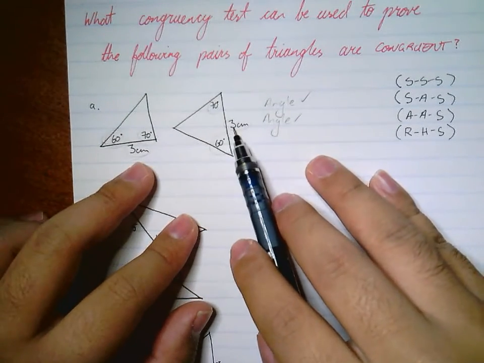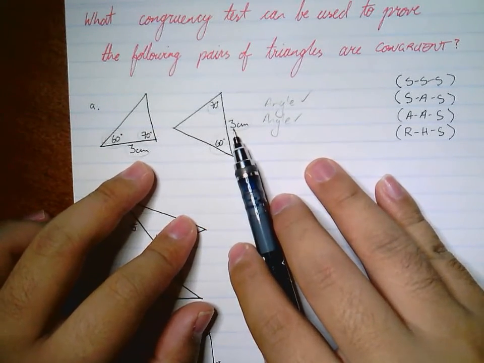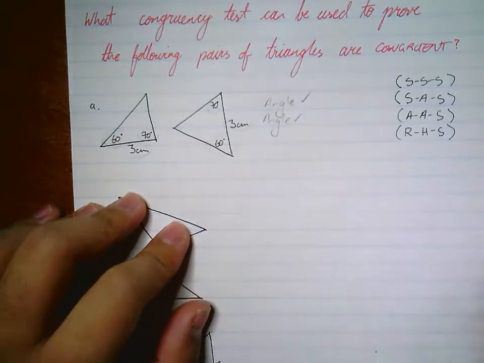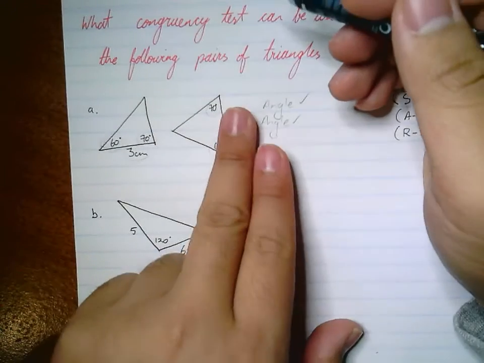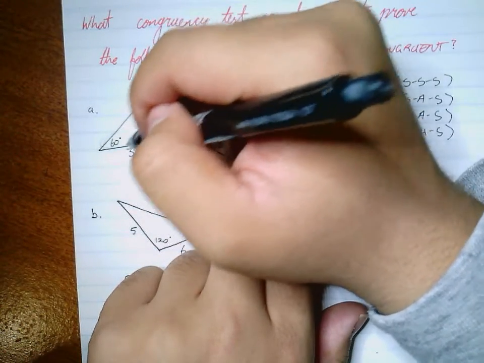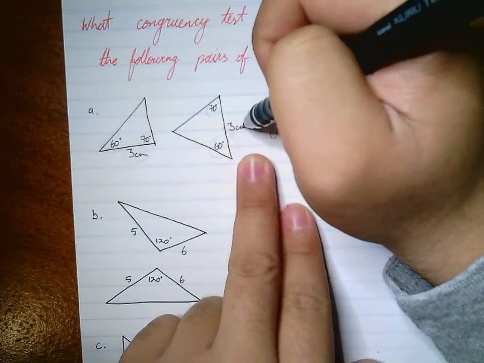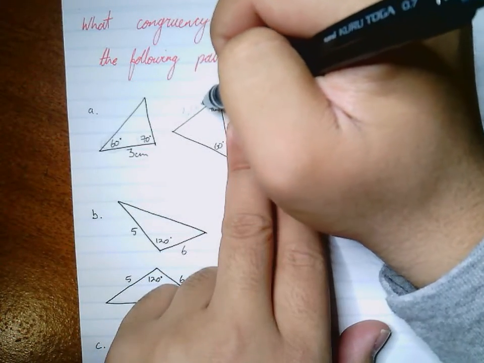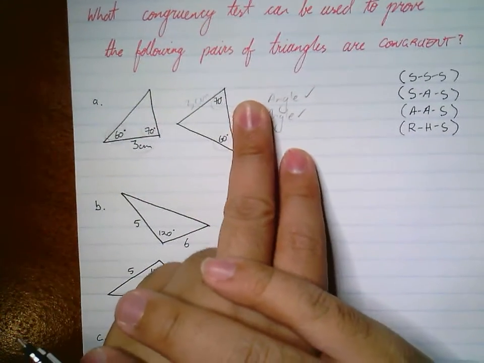Not only that, we have to make sure that the position of the 3 is the same in both triangles. Can you imagine if the 3 in this one, rather than being here, is over here? Is it in the same position now?